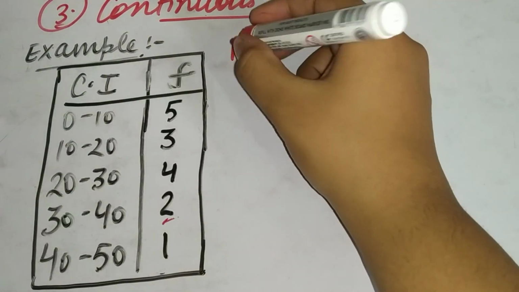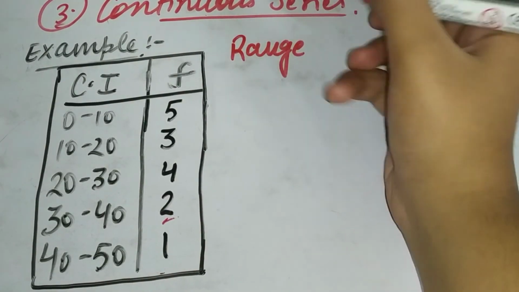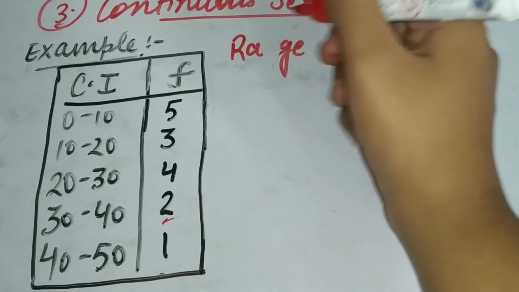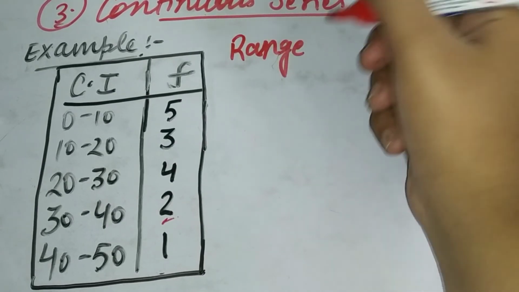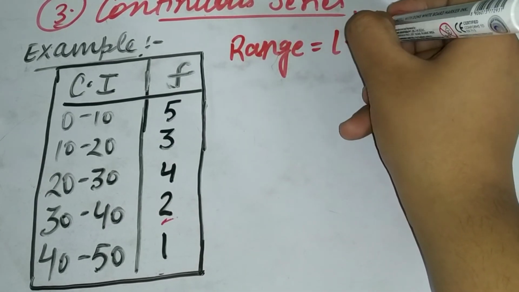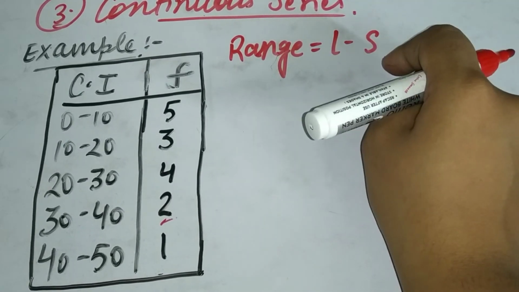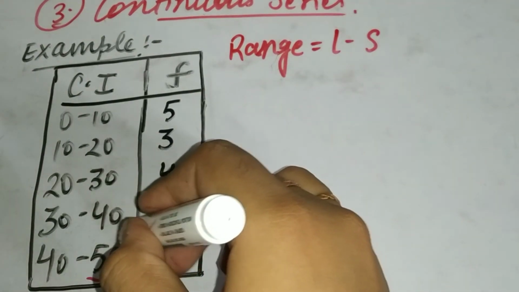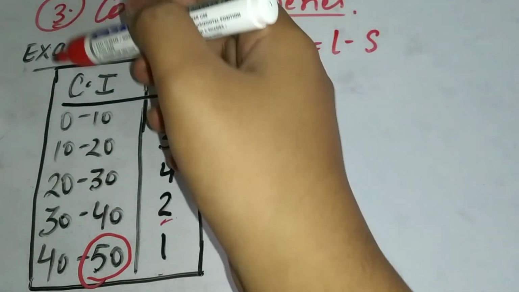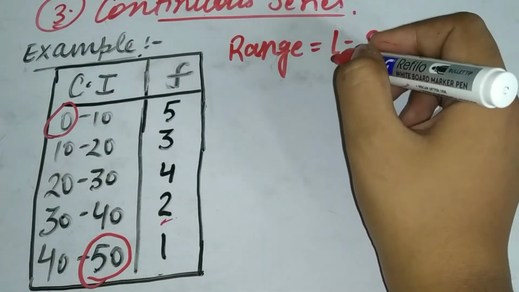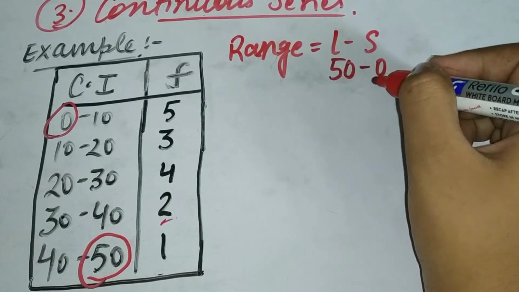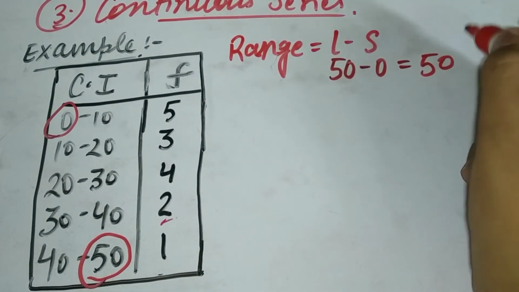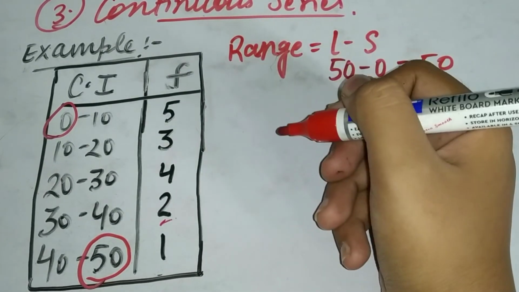Range is equal to L minus S, largest value minus smallest value. We have to take it from the class interval. The largest value is 50 and the smallest value is 0. So 50 minus 0 is equal to 50. So the value of range is 50.